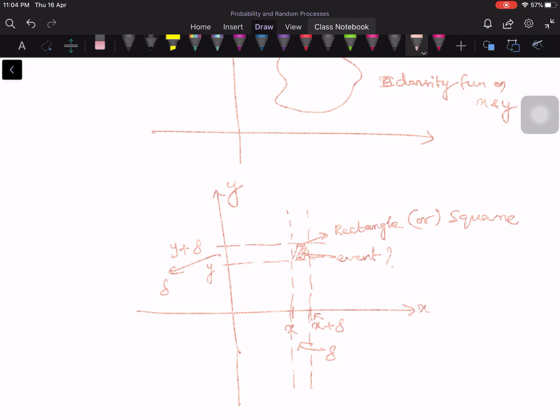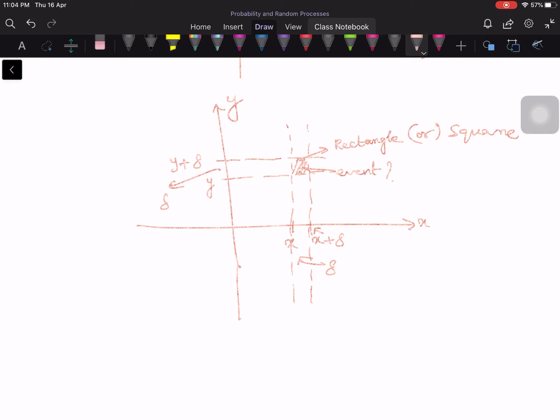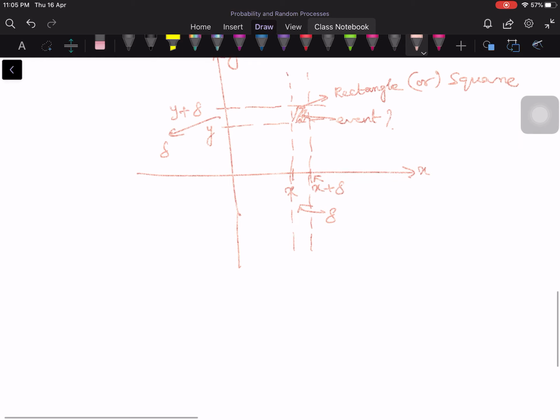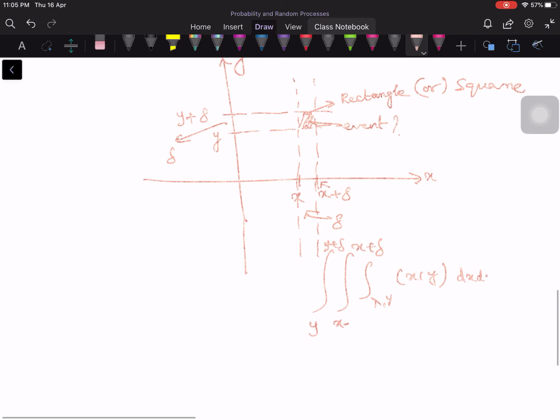Well, this is the event that the values fall inside this little square. Using the rule for calculating probabilities, what is the probability of that square? It should be the integral of the density over this square. You take the density function f_XY of x comma y and integrate, where x ranges from x to x plus delta and y ranges from y to y plus delta, dx dy.